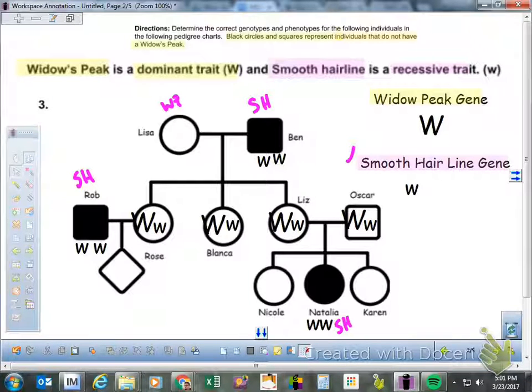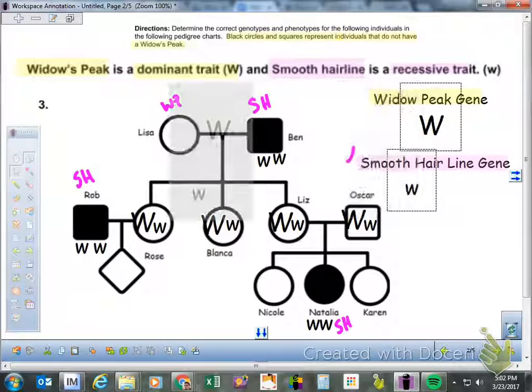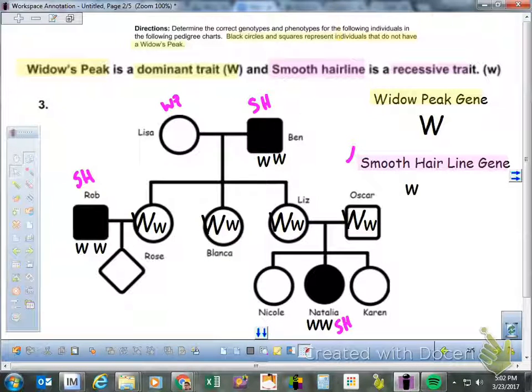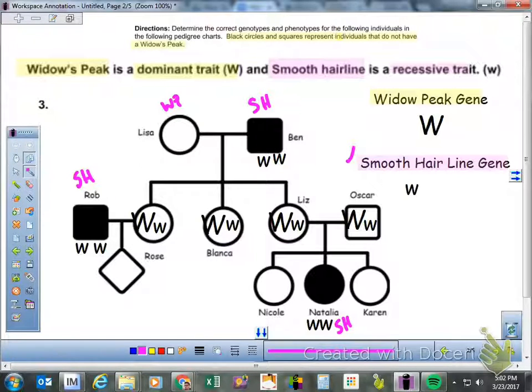Because none of her kids have a smooth hairline, we don't know if she has one of these recessive genes. She could very well be just homozygous dominant or heterozygous. So in this case, Lisa could be big W big W, or she could be big W, little w. We can't tell for certain because none of her kids have it.